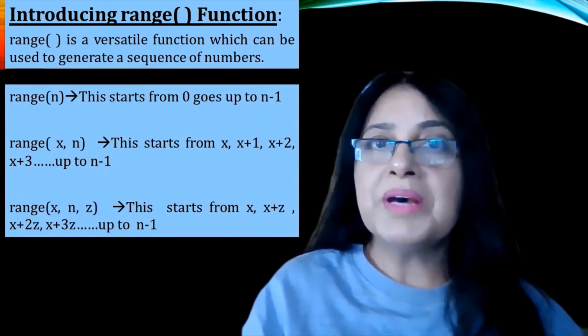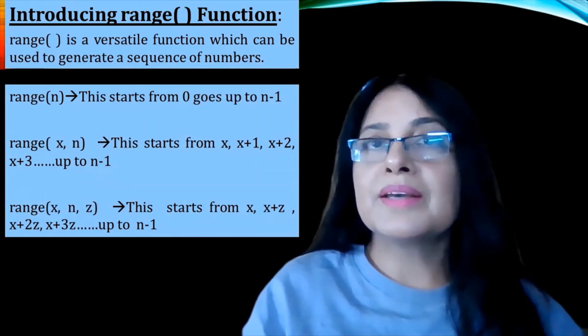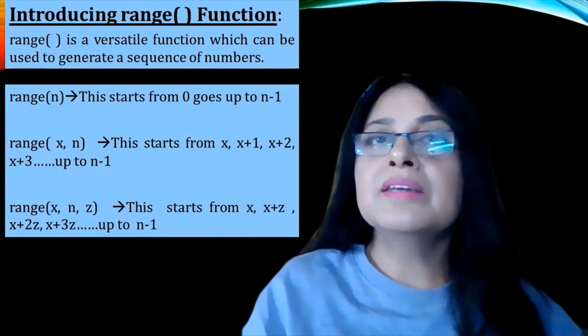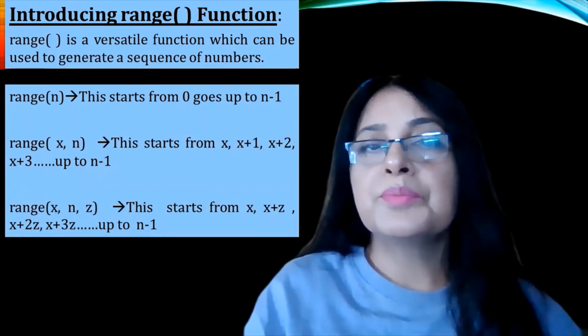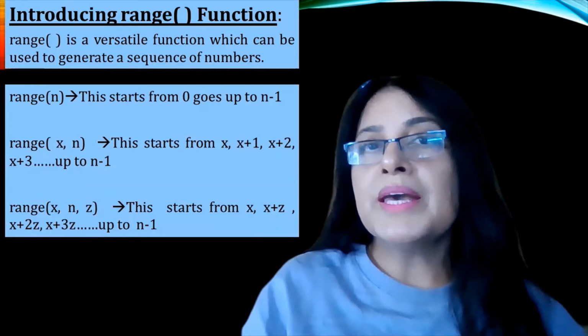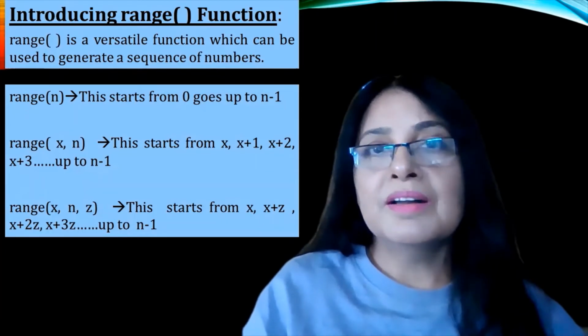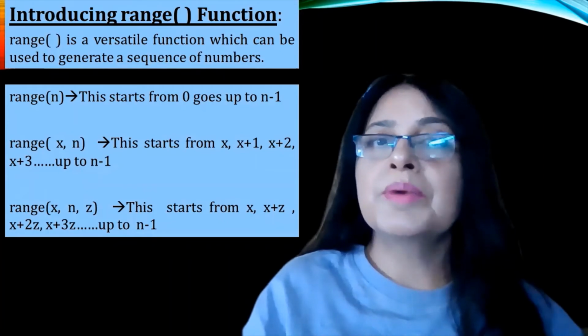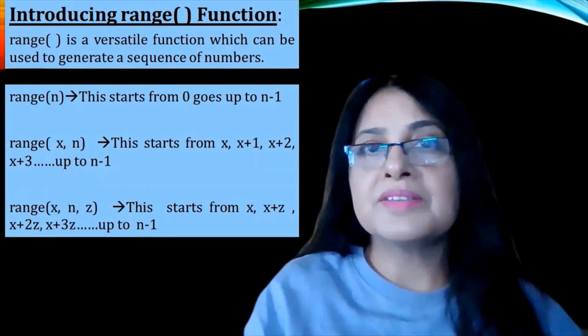Range x, n will start from x, increment x each time by 1 and end at n minus 1. Range x, n, z starts with x, increments x by z each time and ends at n minus 1.